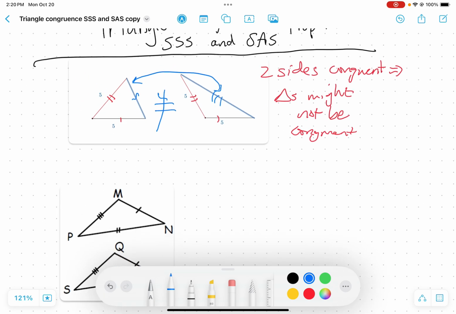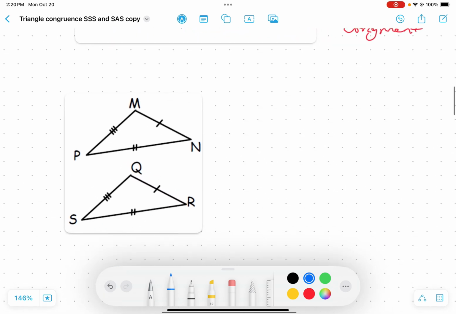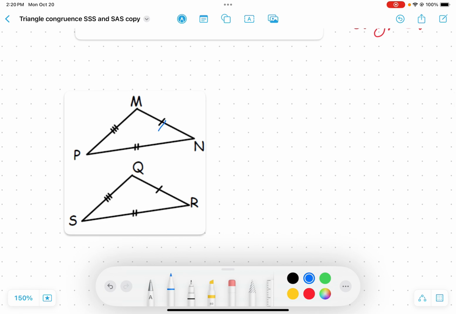But if we have all three sides the same, like in this example, all three of the sides match. This side matches this side, and this side matches this side. If all three sides are the same, the triangles are congruent.